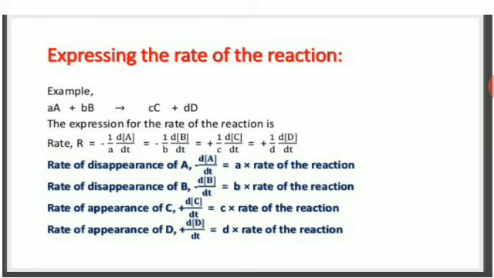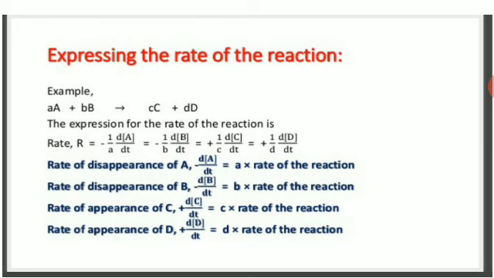If the reactant is there, the stoichiometric coefficients will be divided. d stands for the instantaneous change. Similarly, it will be equal to minus 1 by b d[B] upon dt, equal to plus 1 by c d[C] upon dt, equal to 1 by d d[D] upon dt.